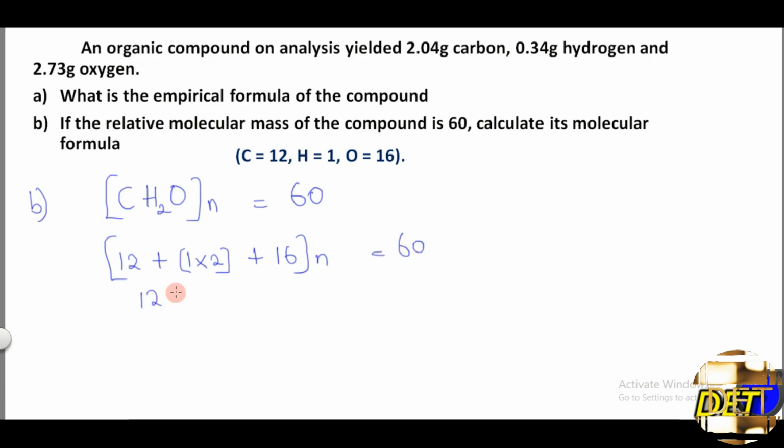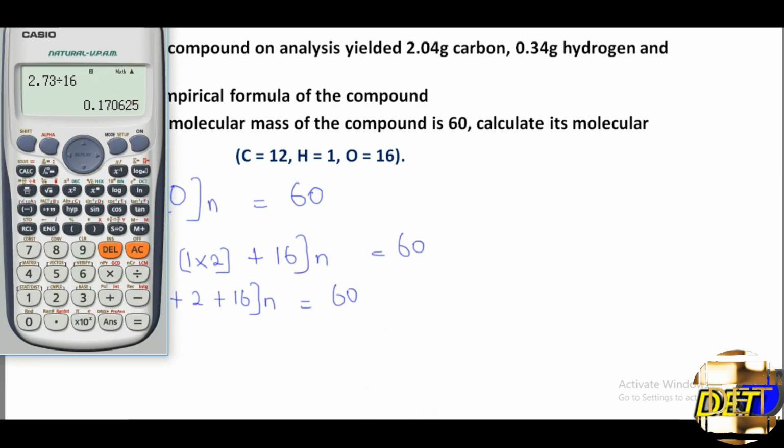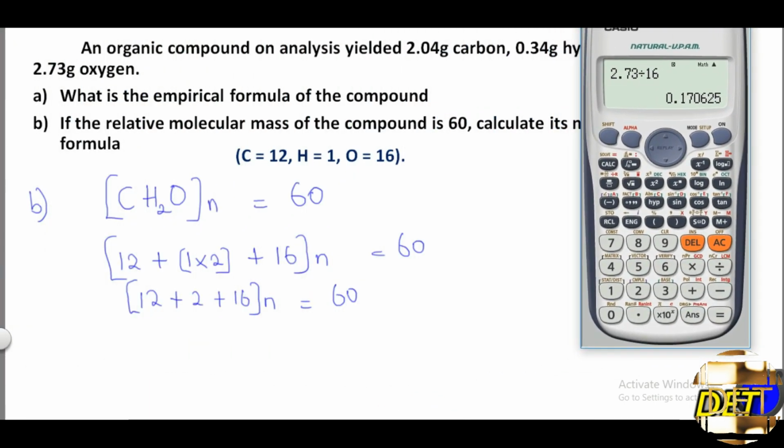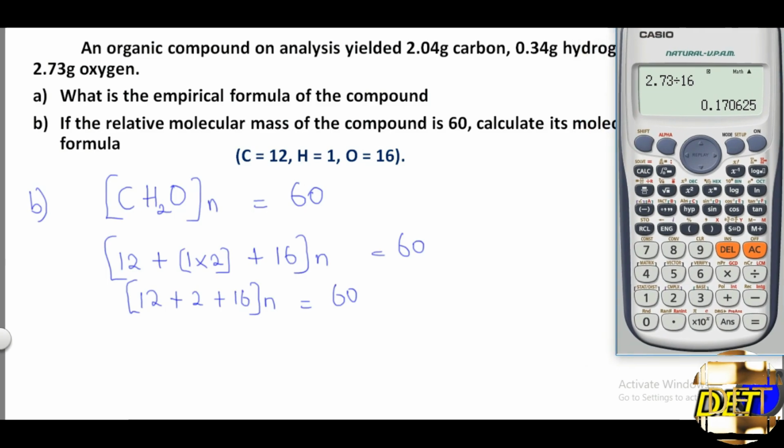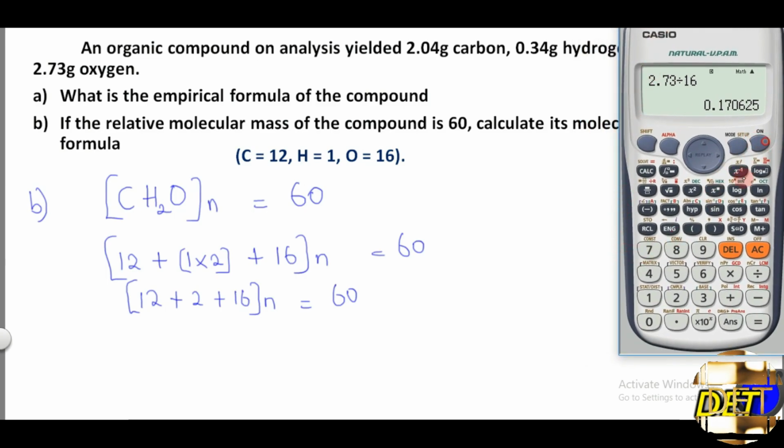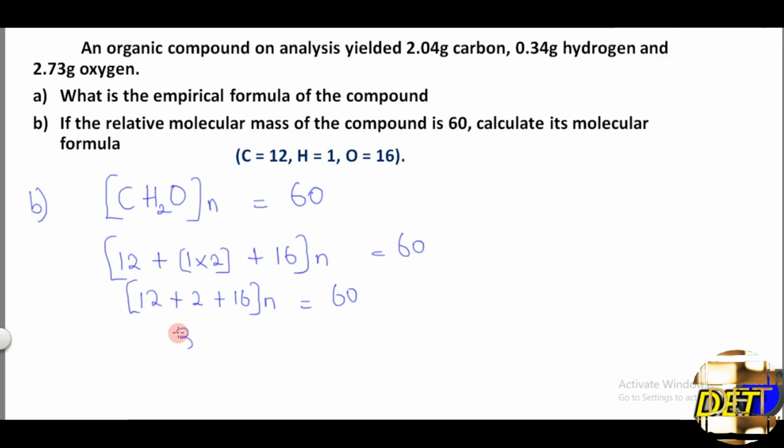So this will be 12 plus 2 plus 16, n equal to 60. 12 plus 2 plus 16 is equal to 30. So I have 30n equal to 60.